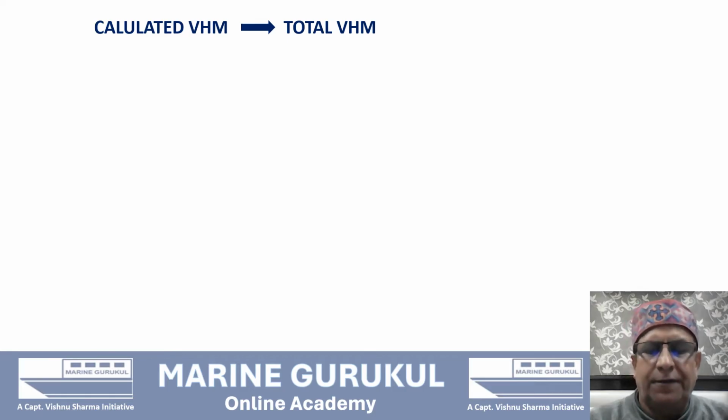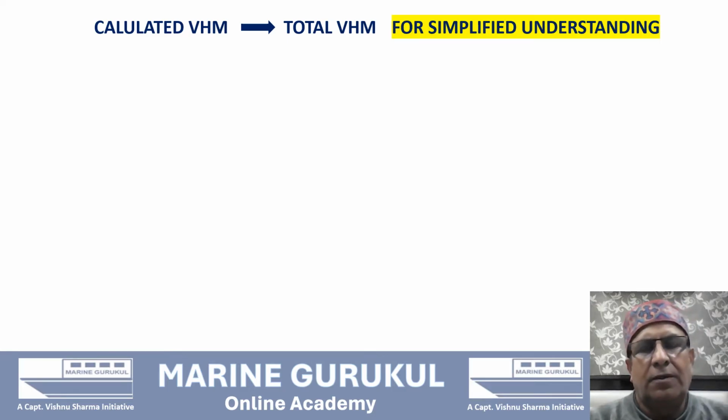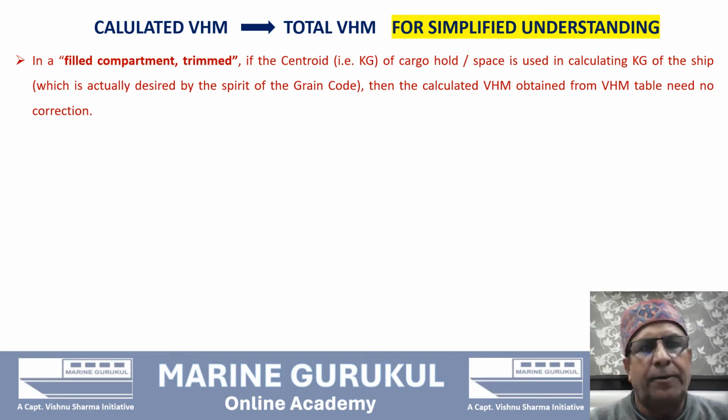Before we proceed further, let's have a simplified review of what we learned over the last few minutes, that is, how to obtain total volumetric heeling moment from the calculated volumetric heeling moment.